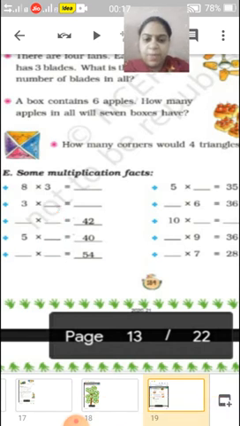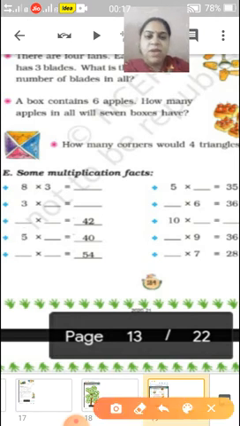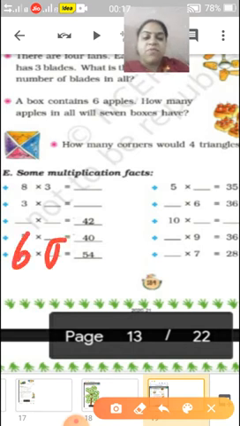Okay. Now come to next. What will come that is equal to 54? So children, we can write here 6 times of 9, that is 54.